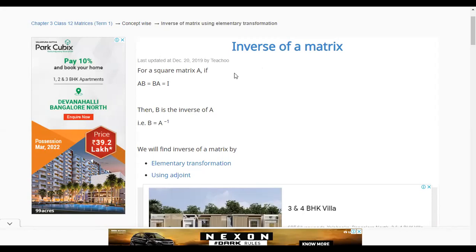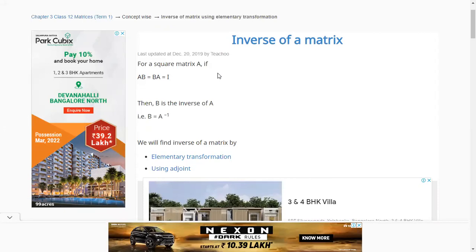We say B is the inverse of A if A into B gives you identity, and also B into A should give you identity.